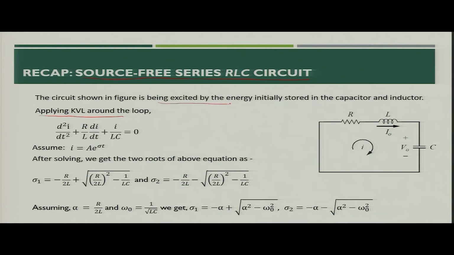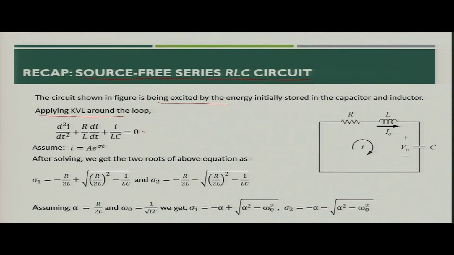In this figure, the energy is initially stored in the inductor as well as the capacitor. The capacitor is initially charged with voltage V naught and the inductor has some initial current I naught.